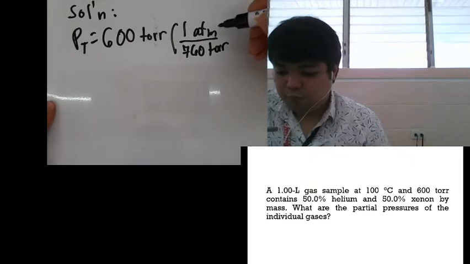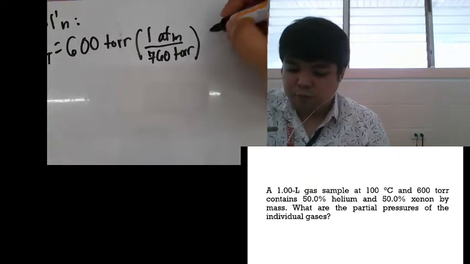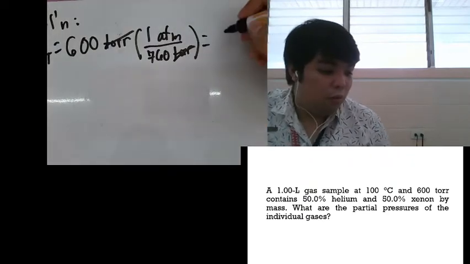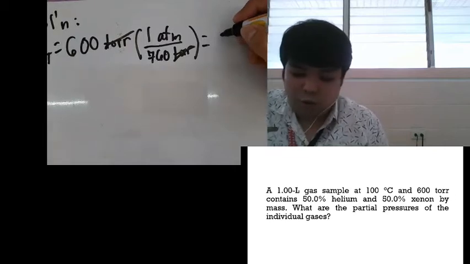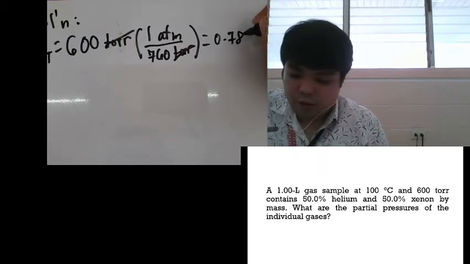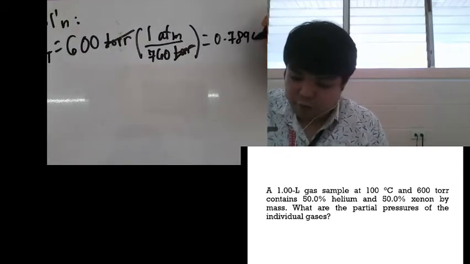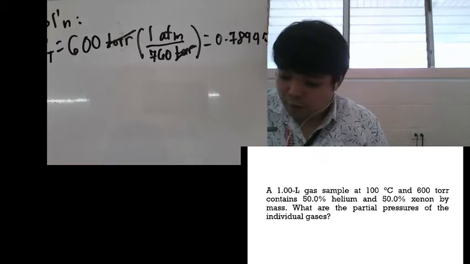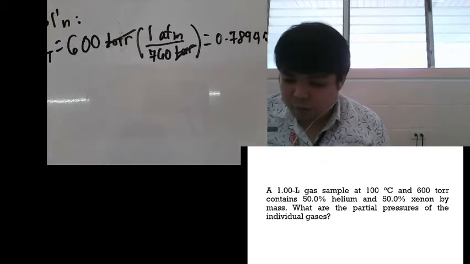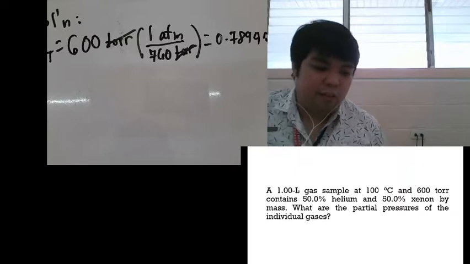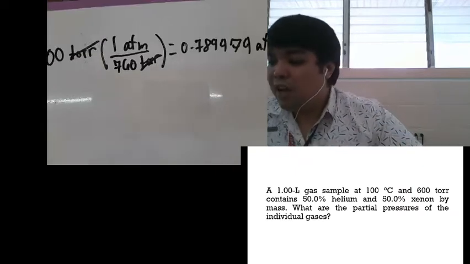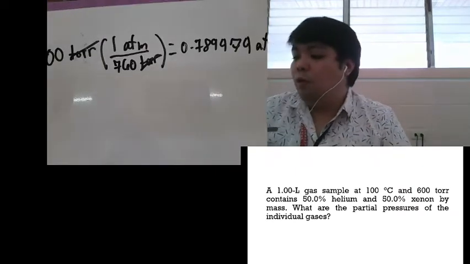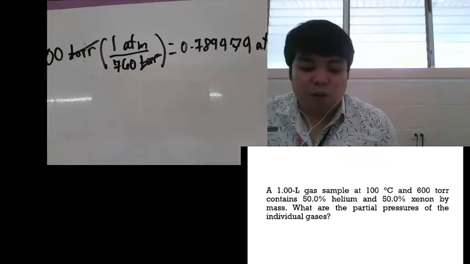So converting, it is equal to 0.789474 atm. Since we're still in the middle of the solution and this is not our final answer, it is better to write all the digits as much as possible.